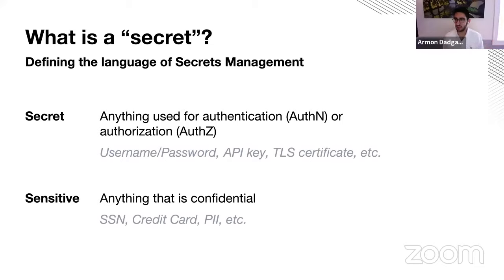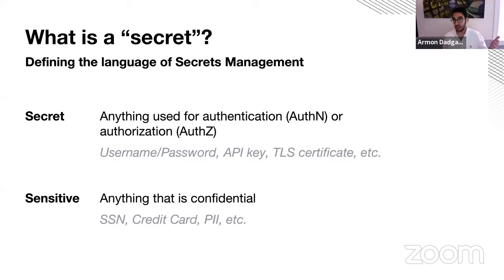And so why make a distinction between these two things at all? I think one is the severity of leaking one of these things is a lot higher. If you potentially lose a database username and password, it's all the data in that system that's now suspect and potentially compromised. But two, the volume of data that you have is very different in these categories.